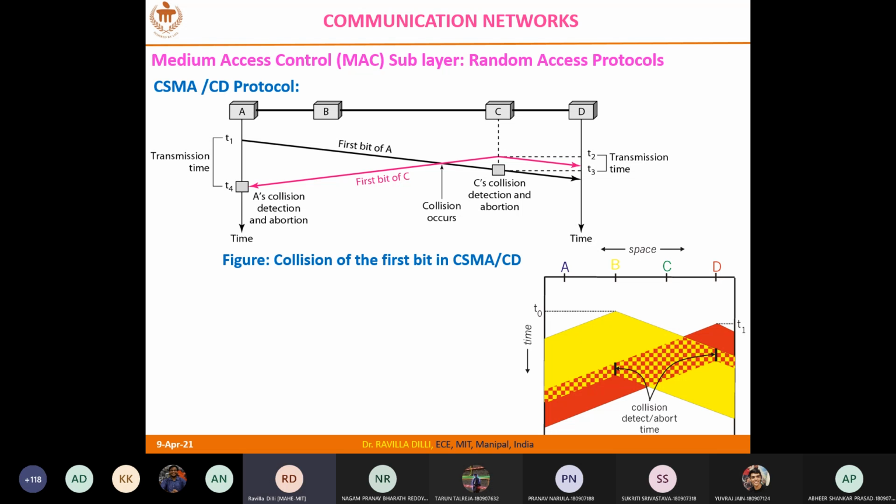Once it just started its frame transmission, the first bit of A will arrive at D. So D will realize the collision immediately. What about A? He will realize it later after sending all of its.